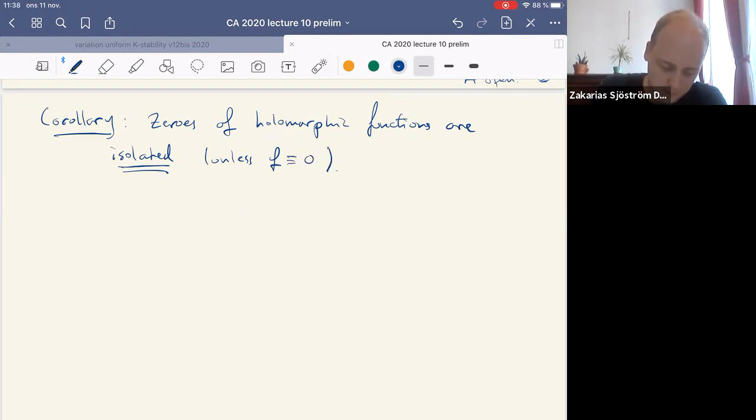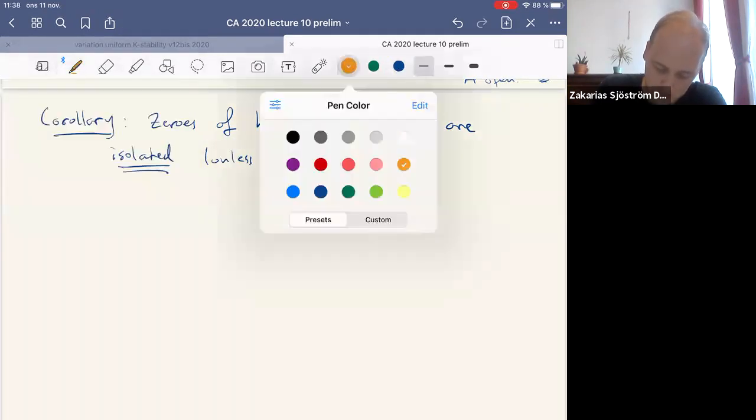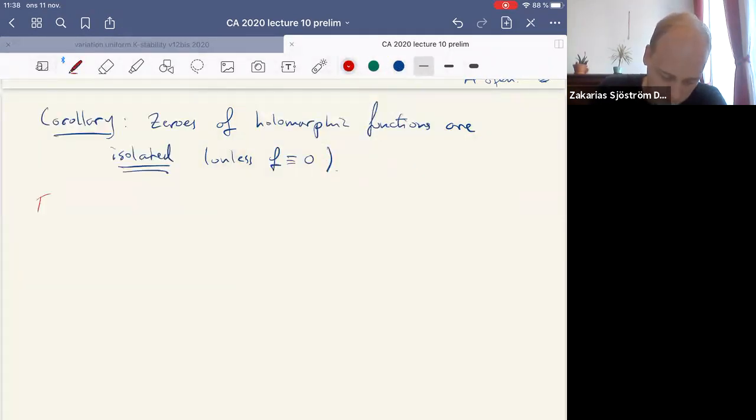Okay, so some examples, if you wish. We could take sine of pi z. So what would be the zeros of this function?